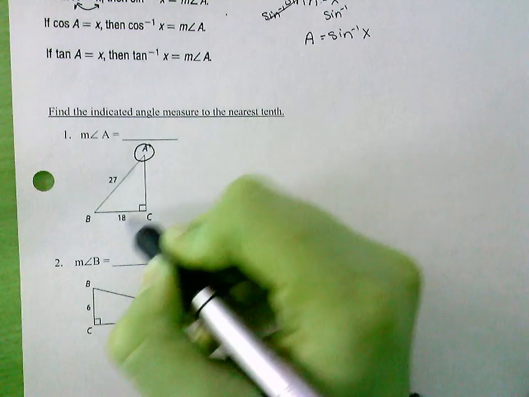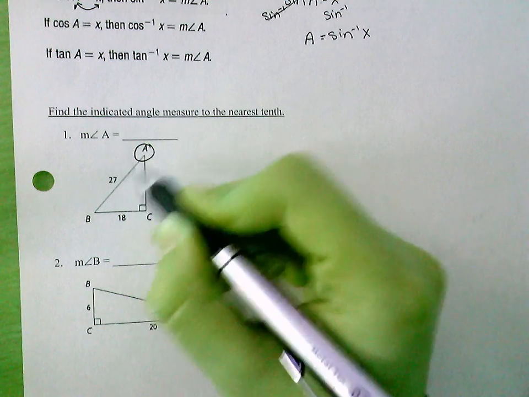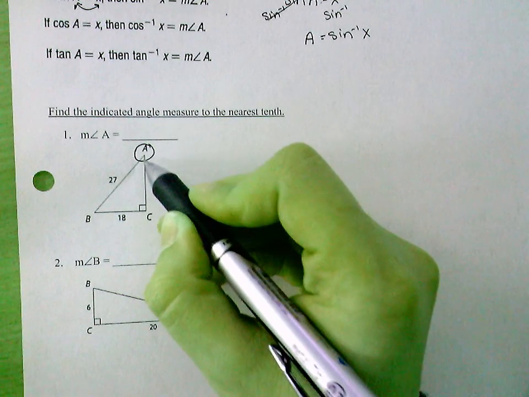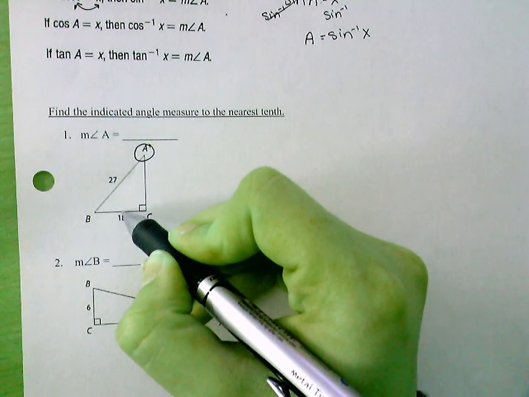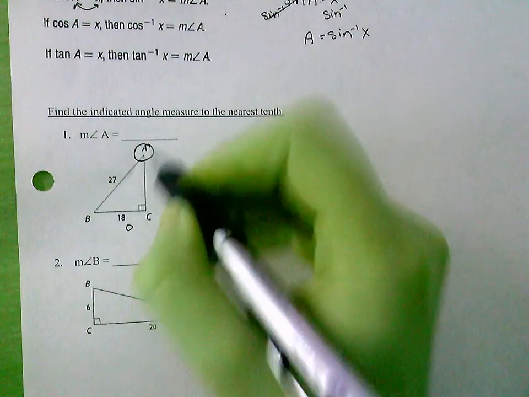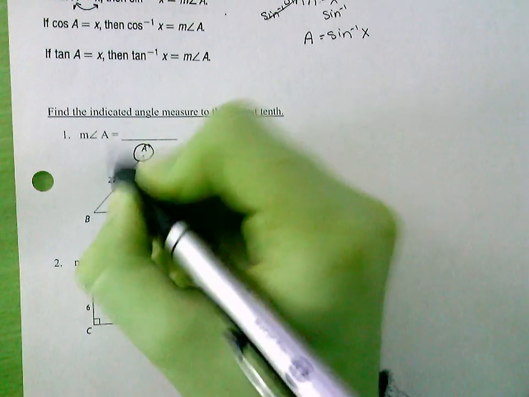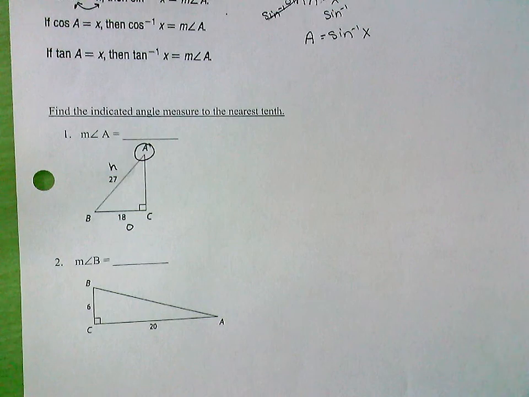If I'm looking here, I have this side of 18 and this side of 27. From that angle A, 18 is across from it. That means it's the opposite side. This 27 is opposite that 90-degree angle, so that is your hypotenuse. So I have O and H.